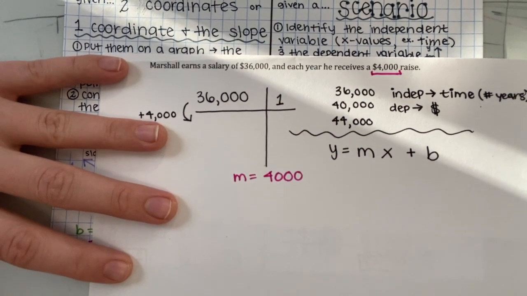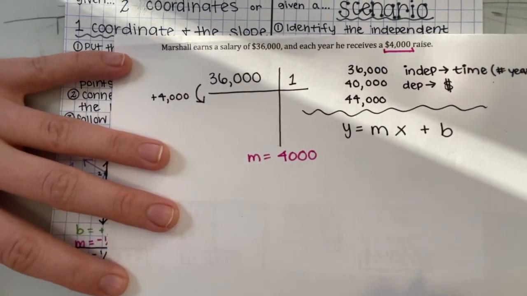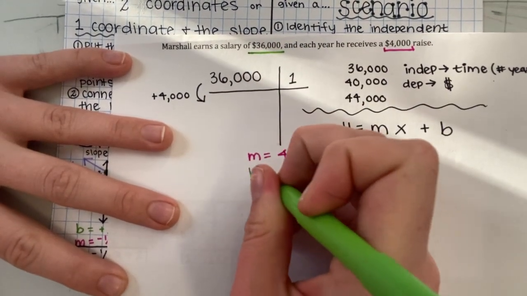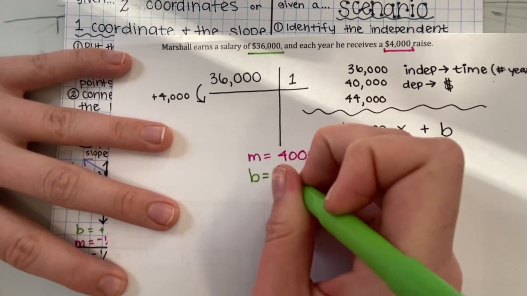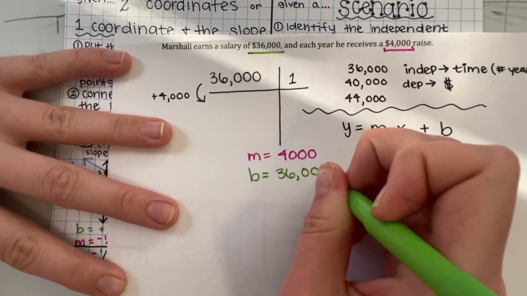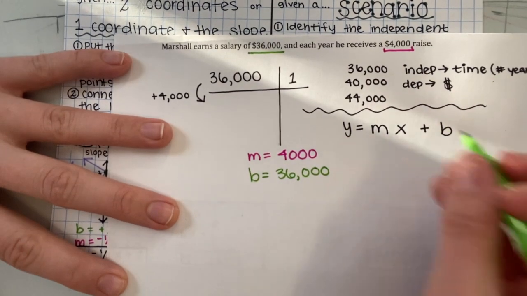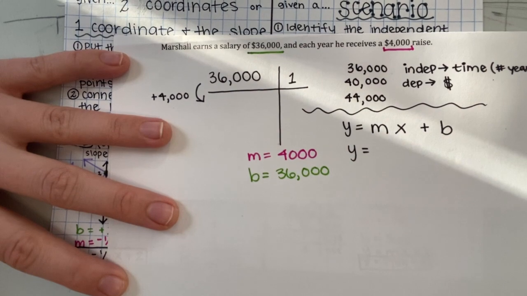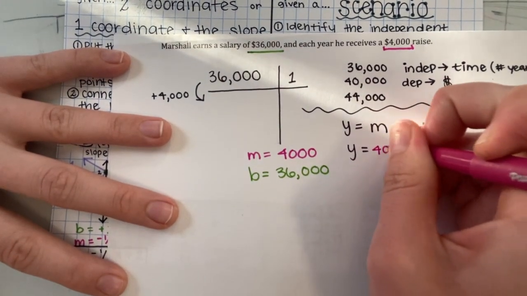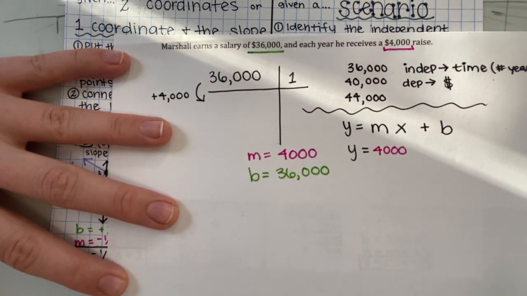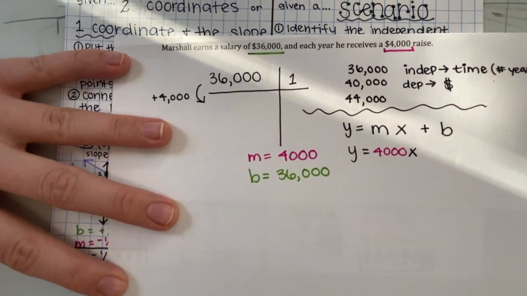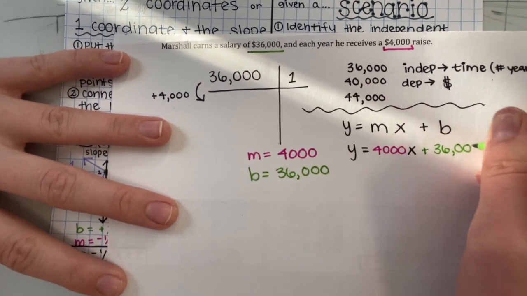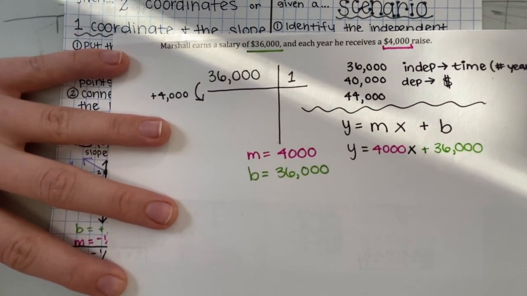And then I am going to think about what was that initial value. In this case, my initial value, my starting salary is $36,000. So if I plug it into my equation, knowing that, I have y equals 4,000x plus 36,000. And this probably feels challenging.